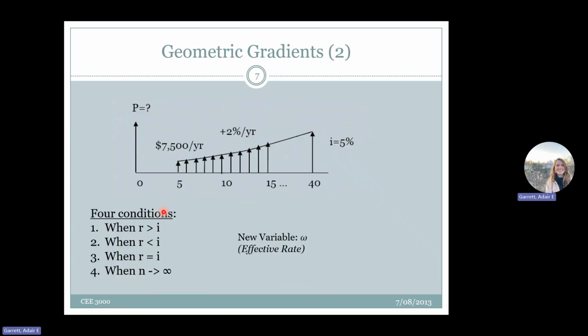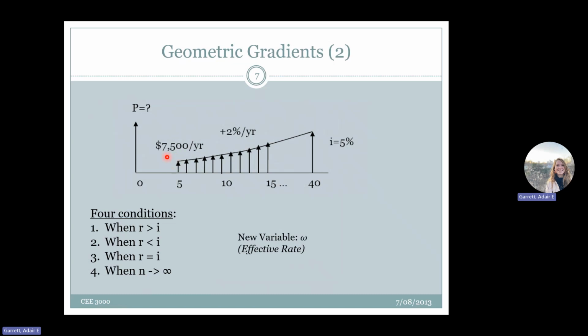Let's look at another example. Like I mentioned, we would discount this gradient series to 1 year before the first occurrence of C. So here C is 7,500. We know that the first occurrence is at year 5. So when we apply the present worth formulas, we would bring it back to year 4.